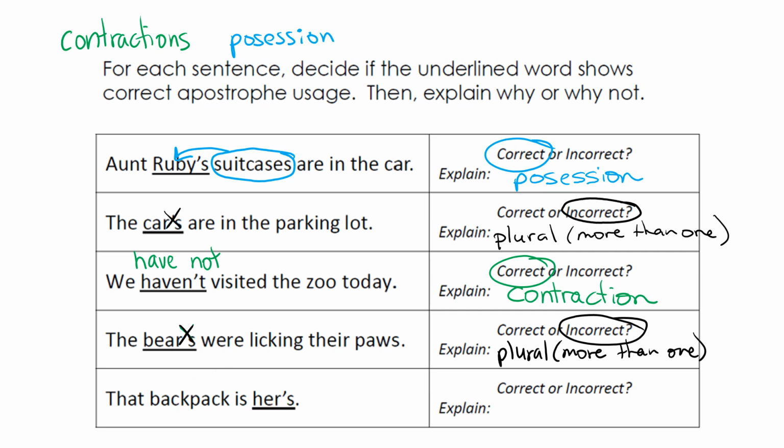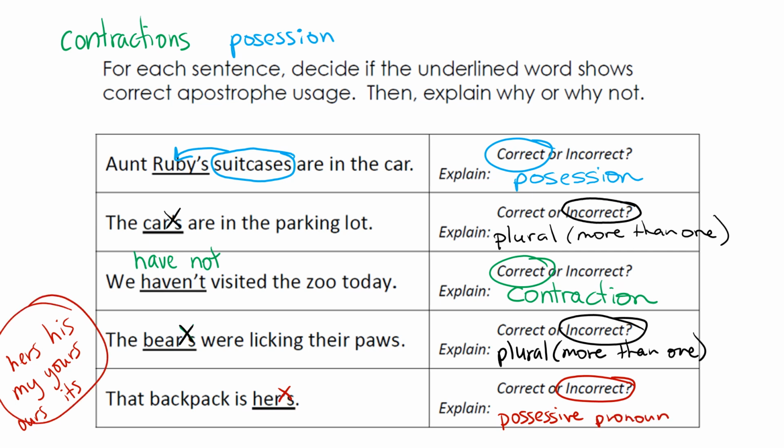But wait, there was a special rule when I use words like hers, his, my, yours, and ours, and its. Those are all those possessive pronouns, and they don't use an apostrophe. So we don't have an apostrophe in the word hers. This is incorrect, and it's called a possessive pronoun. So for these special words, we don't use that.